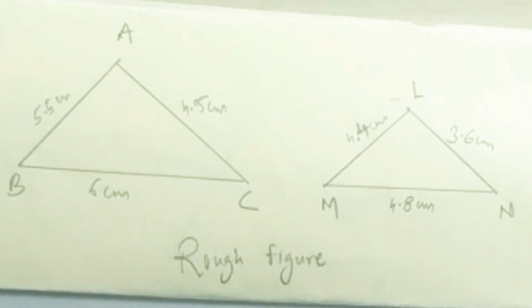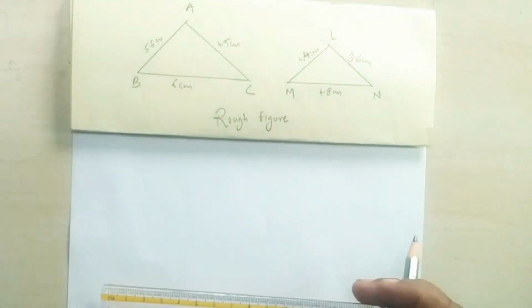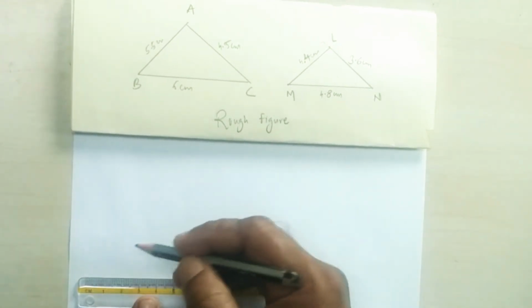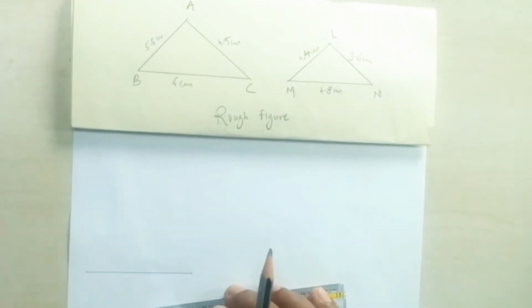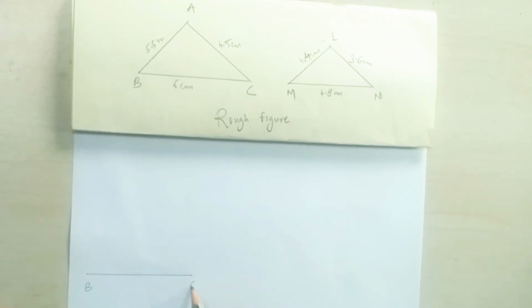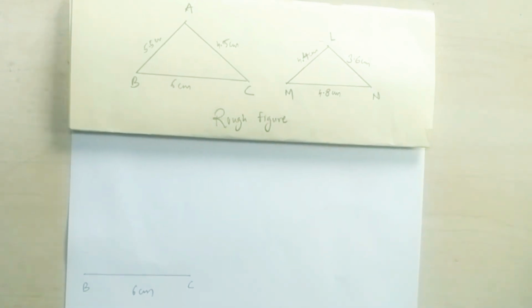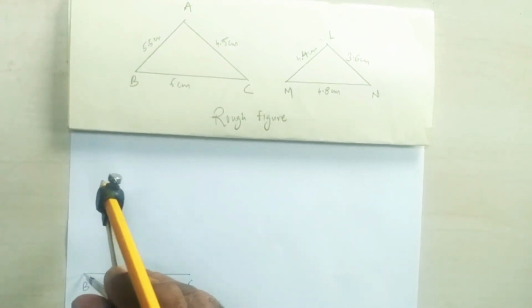Now we'll construct triangle ABC and triangle LMN. Here there is no common vertex in both the triangles, so we have to draw these triangles separately. First draw the base segment of length 6 centimeter, that is BC is equal to 6 centimeter. Then with the help of the compass, take a distance equal to 5.5 centimeter, keep the pointer at B and draw the arc.